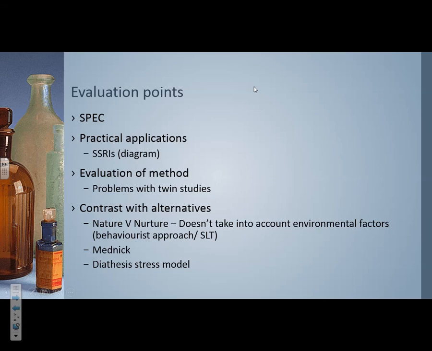So obviously the biological approach relies a lot on twin studies, and there are problems with twin studies. The key problem that we would have is we assume that the amount of environment, the amount of nurture that MZ twins share and the amount that DZ twins share is the same.